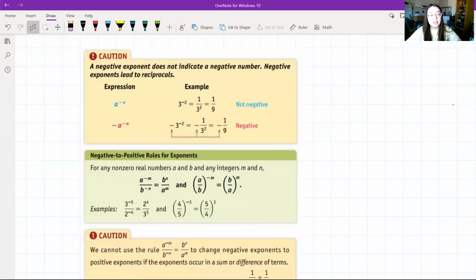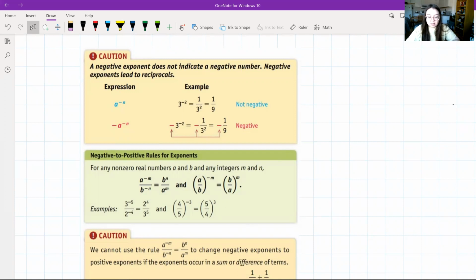If we have something like negative 3 to the power of negative 2, then we do have a negative on the outside. So that can be written as negative 1 divided by 3 to the power of 2, which is then negative 1/9, and that will be negative. So a negative exponent does not mean a negative number, but a negative on the outside of our expression will mean a negative number.